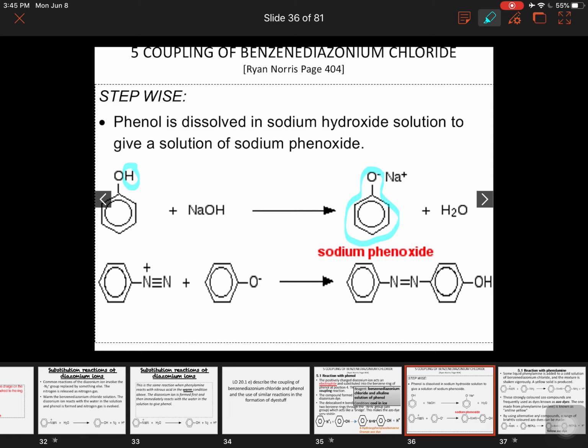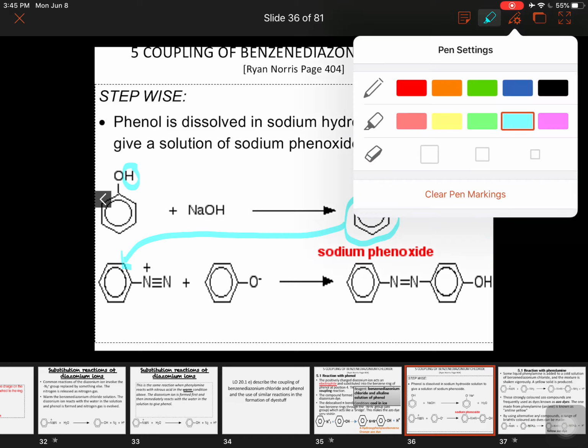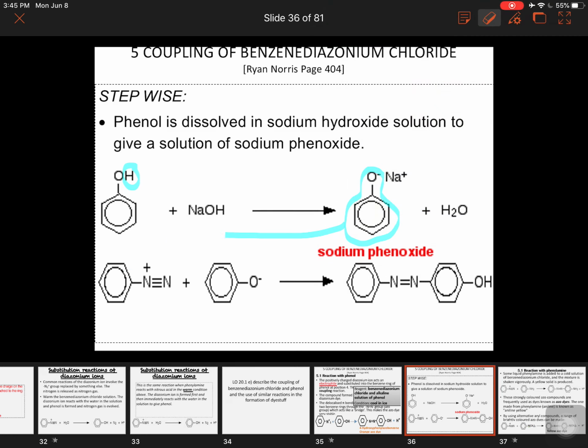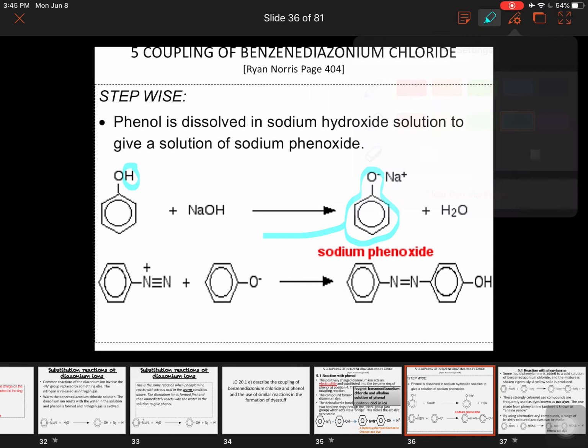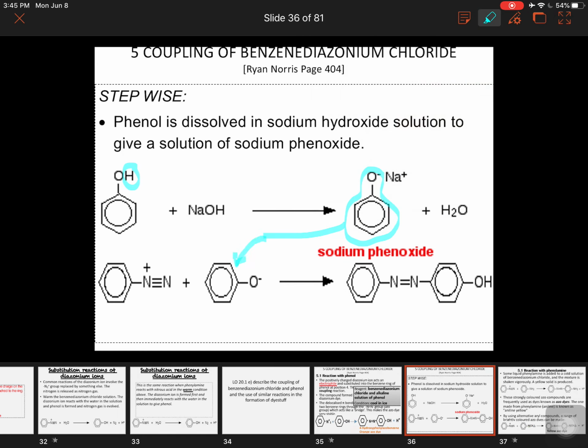Okay, so then the next step, the phenoxide. Phenoxide will now be electron rich because you have a negative charge. The phenoxide will attract the benzene diazonium ion, making sure to maintain that everything is under cold condition.